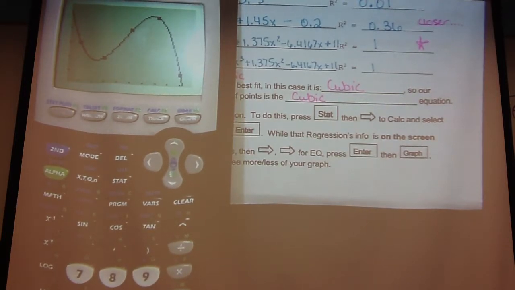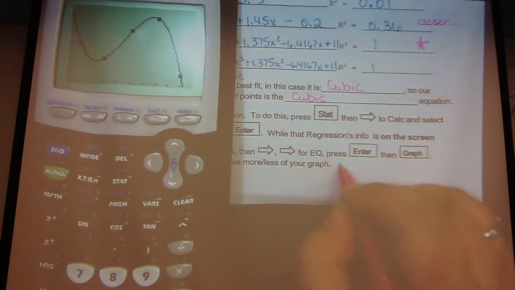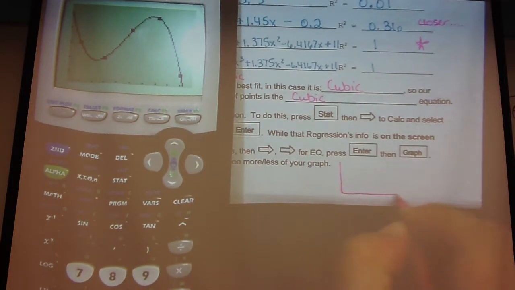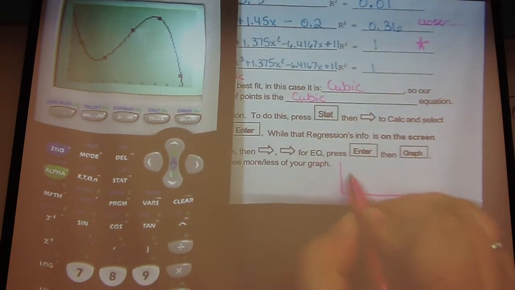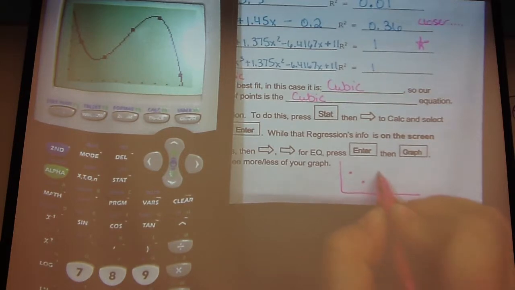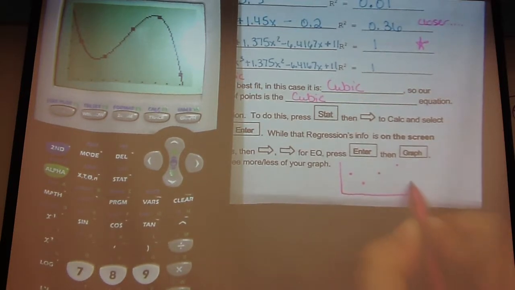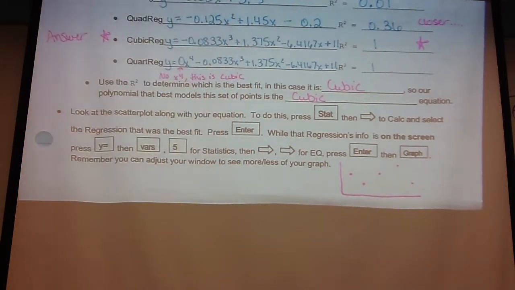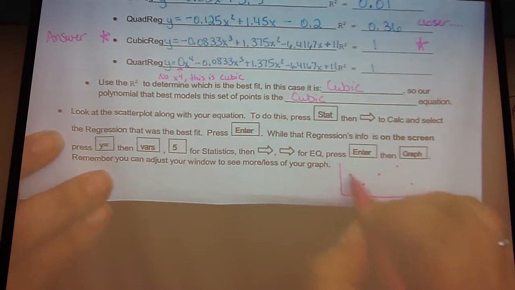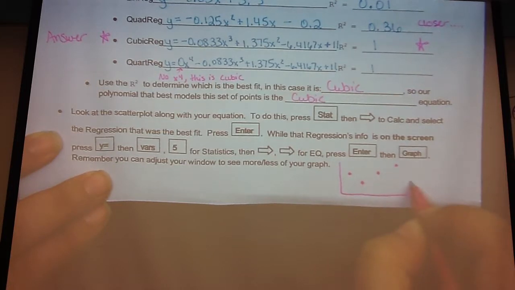Then remember, if you need to, you can change your window to see more or less of that. So let's draw that guy in here. Yes, you can hit zoom 6 to fit for the size, as long as your plot 1 is still on.